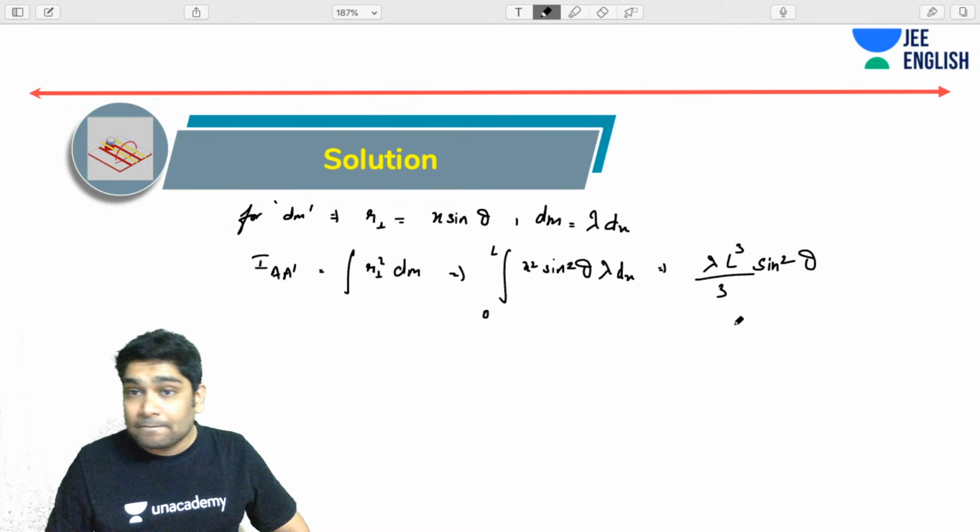And lambda L obviously is m, right? So lambda equals m by L, or mass per unit length.